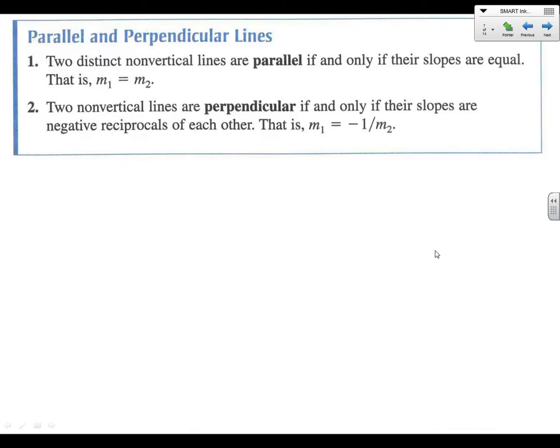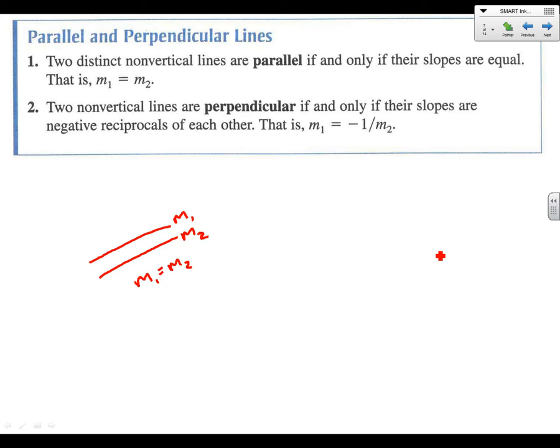All right, let's remember what we know about parallel and perpendicular lines. Parallel lines never touch each other, and the reason is that they have the same slope: m1 and m2 are equal to each other.